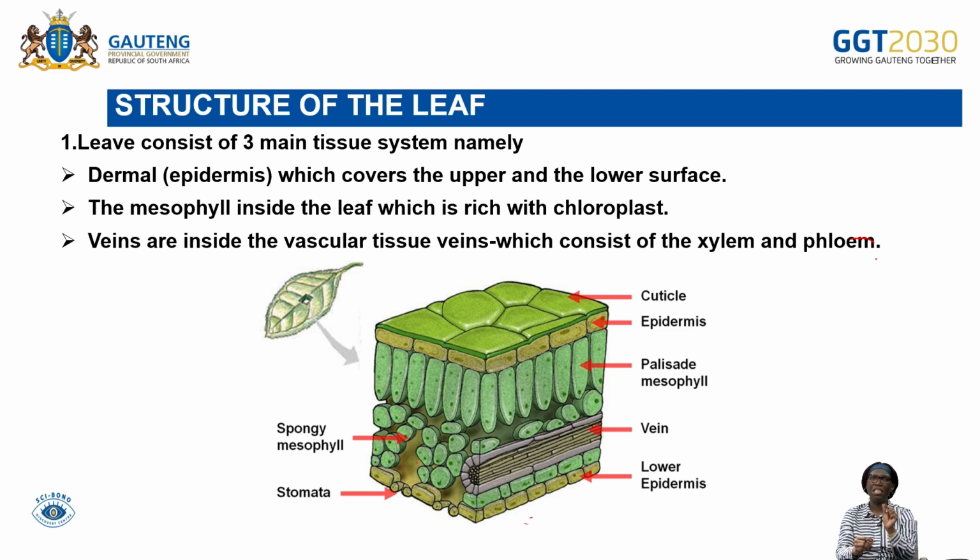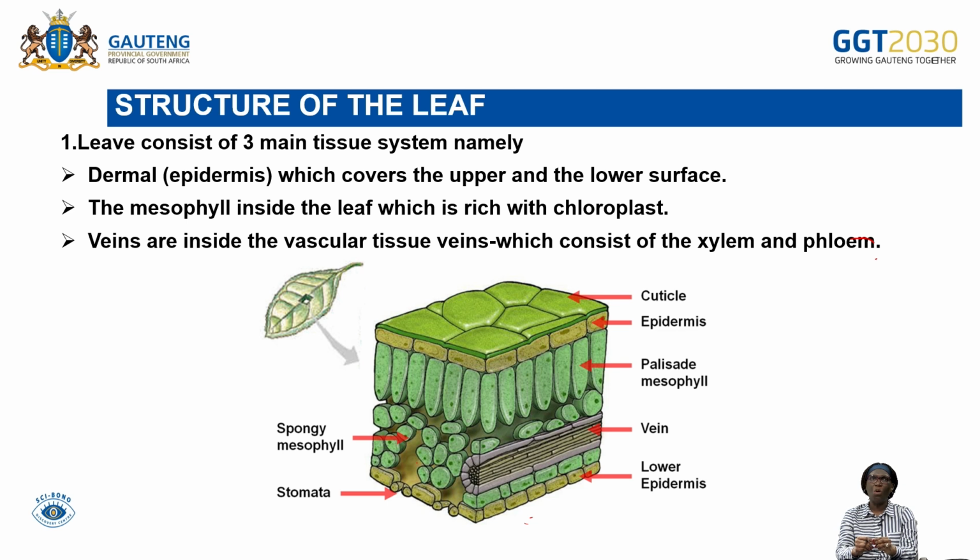Why spongy mesophyll? It is known as the spongy mesophyll because it has air sacs, and the air sacs are responsible for the exchange of gases. We will learn more about the exchange of gases which will take place within the leaf.